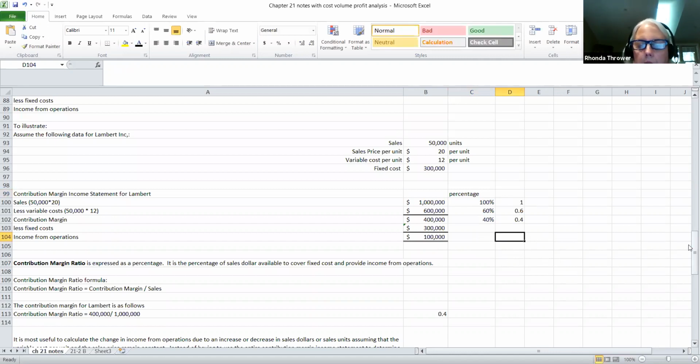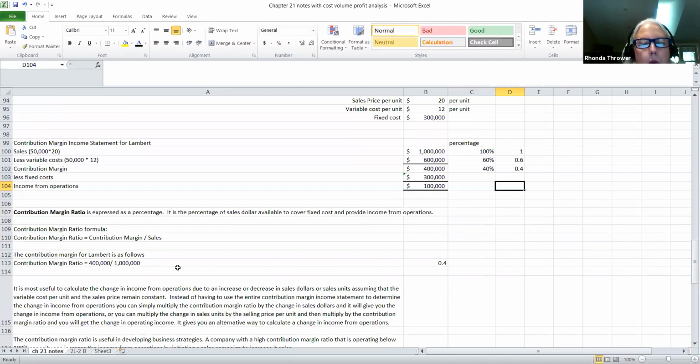All right, so getting back to where we were before, the contribution margin ratio is 40%. The contribution margin in dollar amounts is $400,000. The reason that we can state it as a ratio is because it gives us a shortcut method in arriving at income from operations.